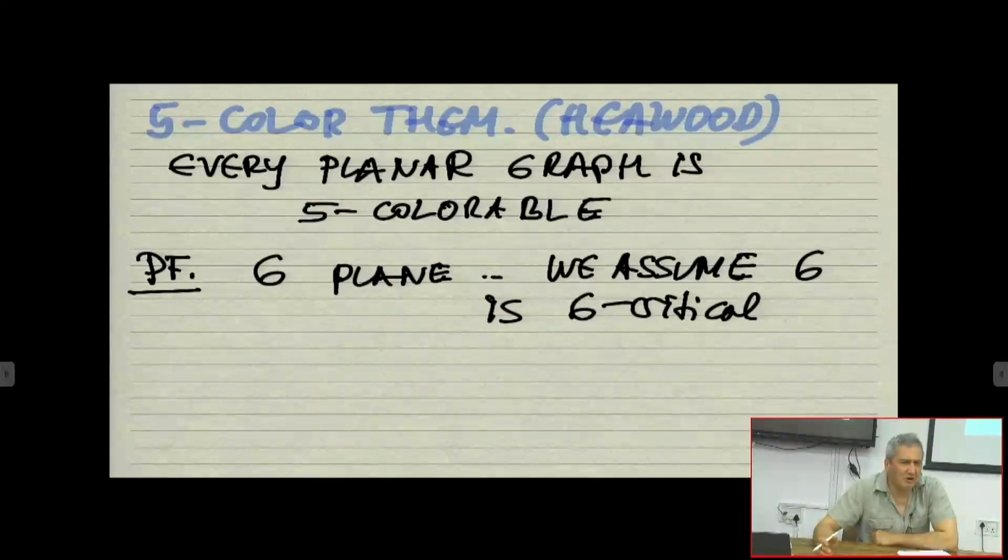I don't know if we're going to need this assumption, but it does give me some structure of the graph: minimum degree like that, maximum degree, connectivity, no separating triangle, and so on. It immediately gives me some properties of G. So when you color a graph and you want to prove it with 5 colors, you can always start with a 6-critical graph.